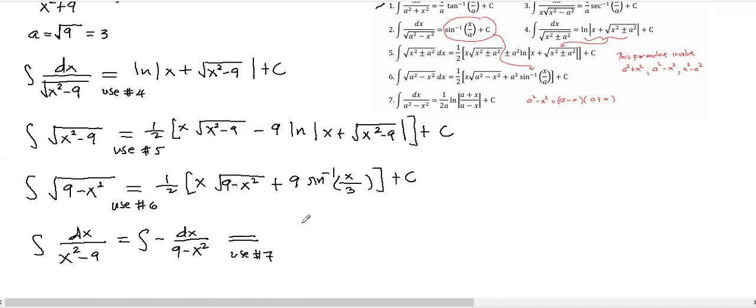So merong negative, and then 1 over 2a. Ang a natin is 3, so times 3. ln of absolute value. So ano yung factor nito? 3 minus x times 3 plus x. So yung plus nasa taas, so we have 3 plus x. Yan, a plus x. So yung dalawa na ito, factors ng denominator, and then over 3 minus x, and then plus c. Okay.